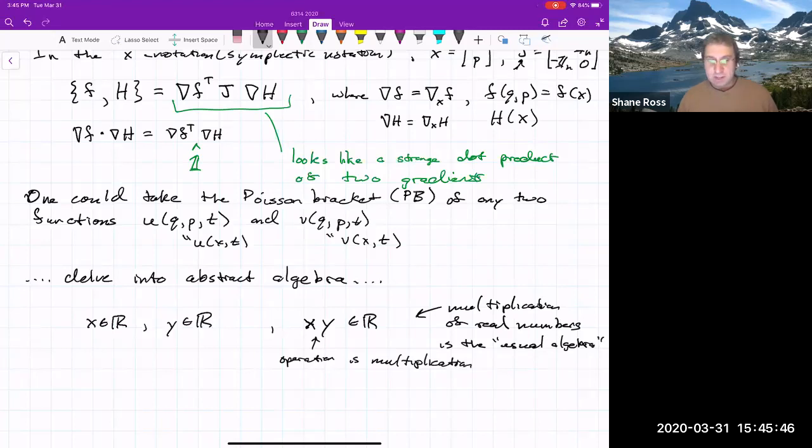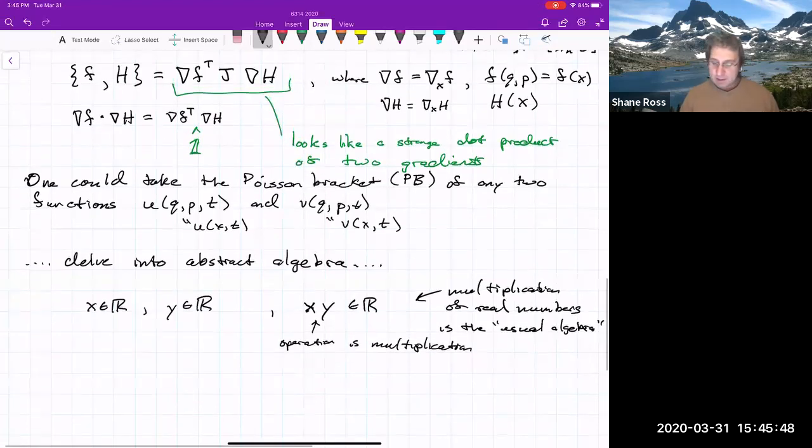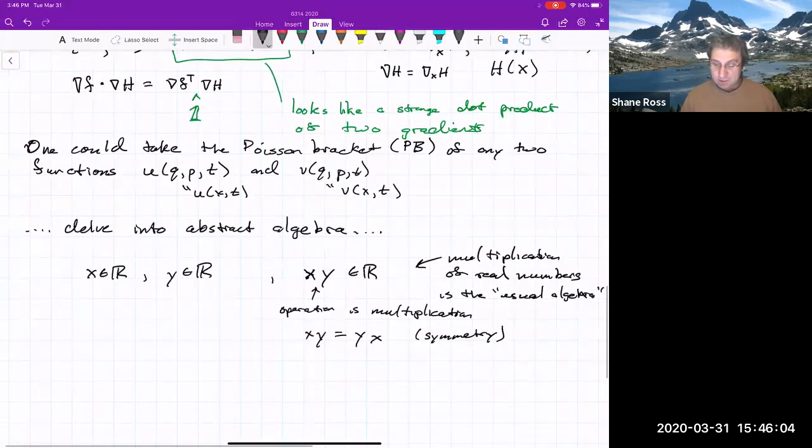And we all know some things about multiplication. We know that it doesn't matter the order. So x multiplied by y is the same as y multiplied by x. So that property is sometimes called symmetry. We also know some other stuff, but that kind of lays the groundwork.